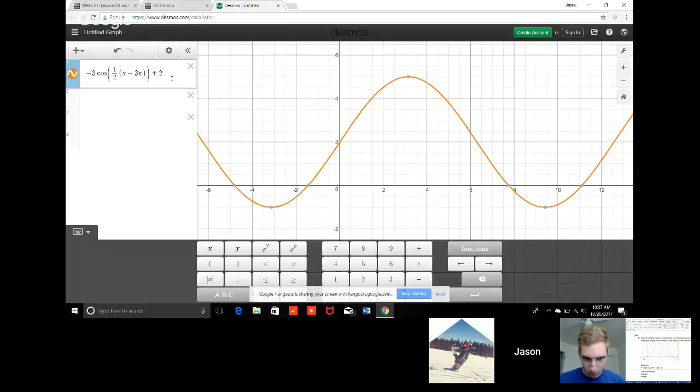If we were to shift it one section to the left, it would be 3 pi and then -1 pi. And so that gives us a period of 4 pi. And our period helps us find B, because 2 pi over B equals 4 pi. That means B would have to be 1/2.